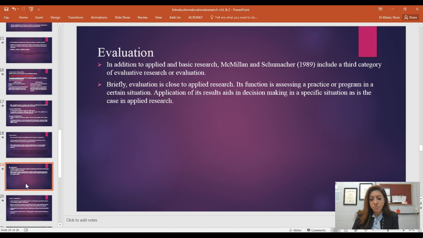So I look at all the percentages of students from different backgrounds and collect the data. But I need to provide an answer to the teachers: how can I improve these results? That's evaluative, where I'm surveying teachers or collecting data from a specific place, but then I want to provide a direct answer right now with a list of actions that need to be done in the classroom.